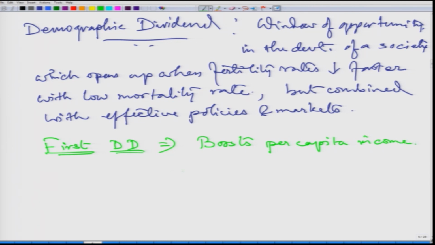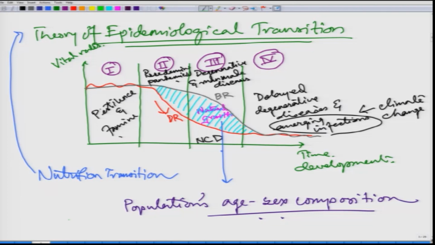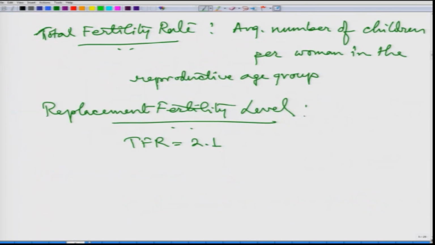But it is transitory, it's temporary, because with development we will move further, and this natural growth will not be there again. The fertility rate will come down, so the demographic dividend will no longer be there.